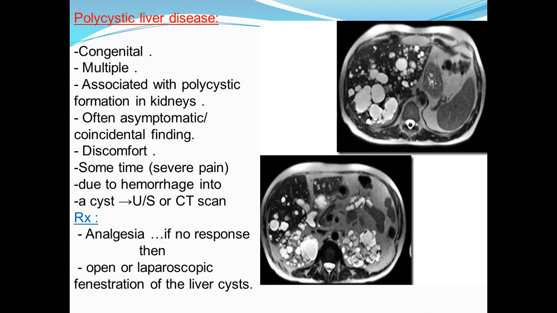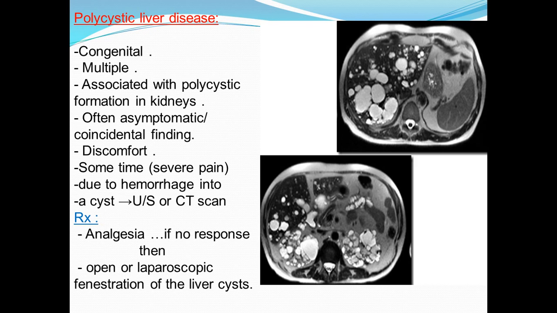In this slide, we are going to speak about polycystic liver disease, which is congenital, including multiple liver cysts associated with polycystic formations of cysts in kidneys. It is often asymptomatic and coincidental finding.